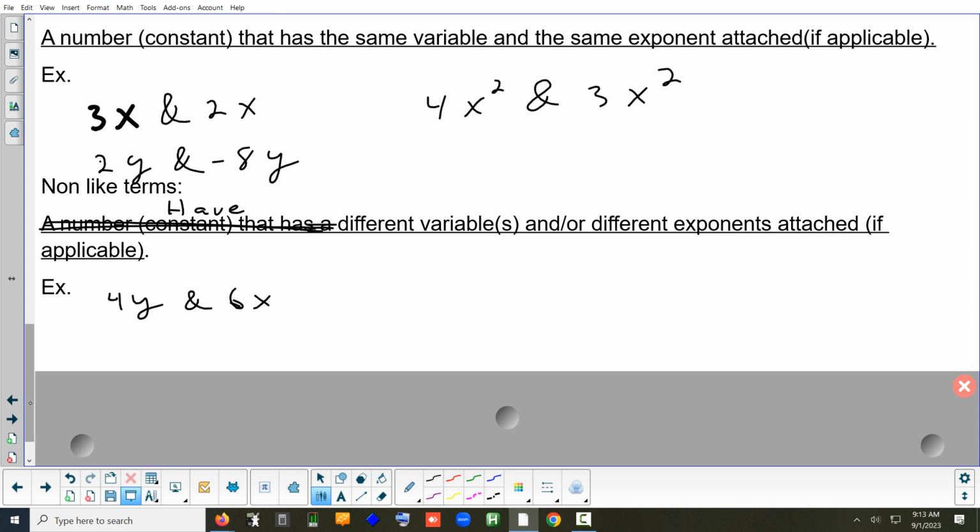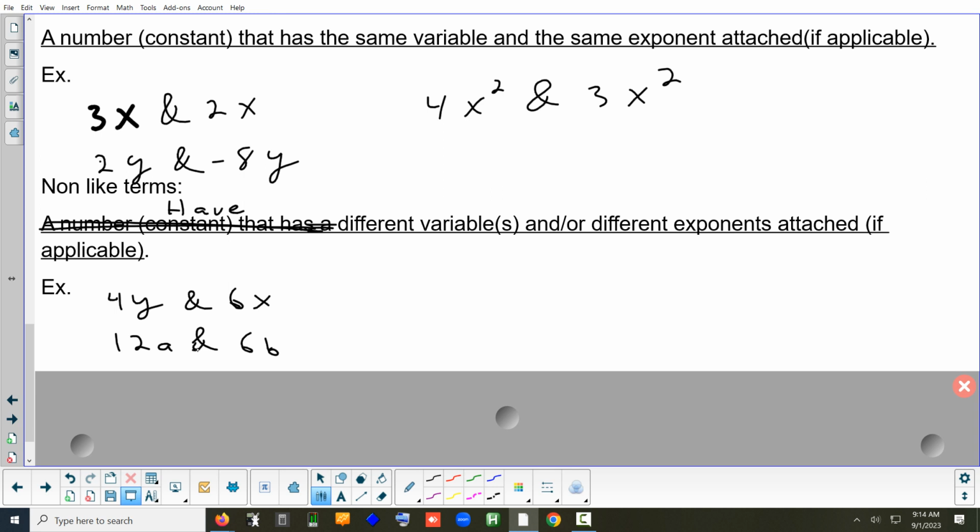One of them has a y. Could somebody give me another example different than using an x and a y? Sam? 12a and 6b. Okay, so those are non-like terms because they have different letters.